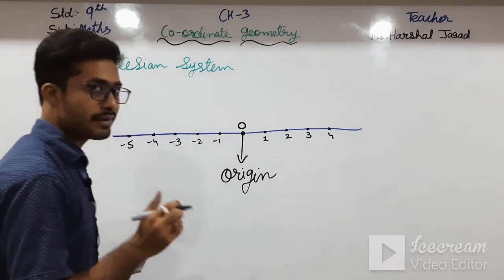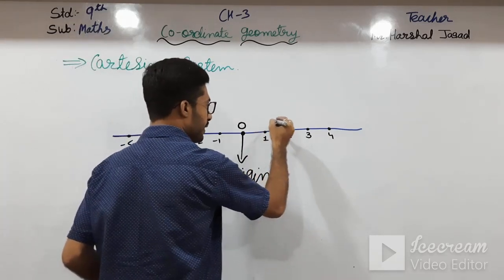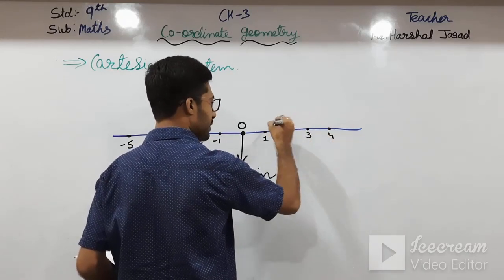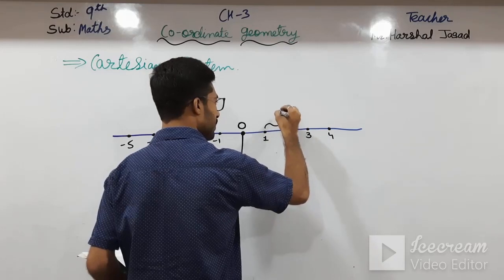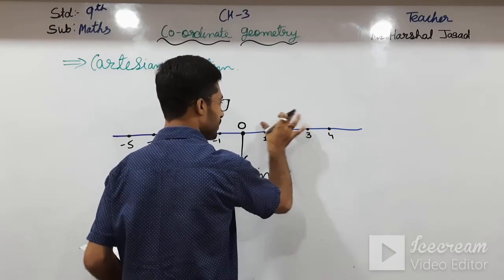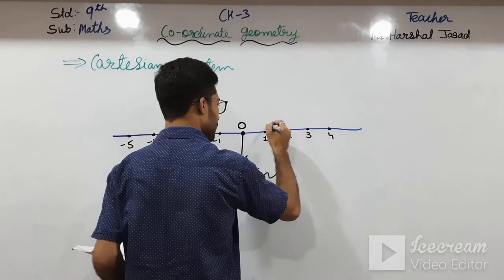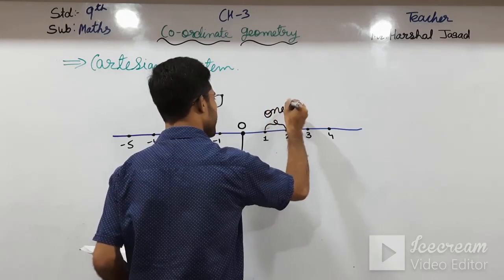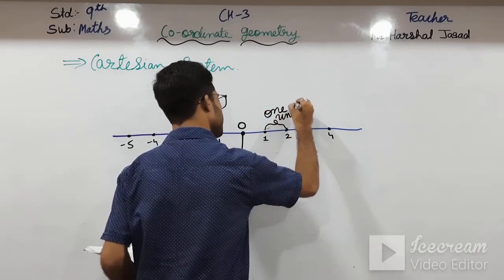Okay students, the distance between 1 to 2, 2 to 3, 3 to 4 is 1 unit.